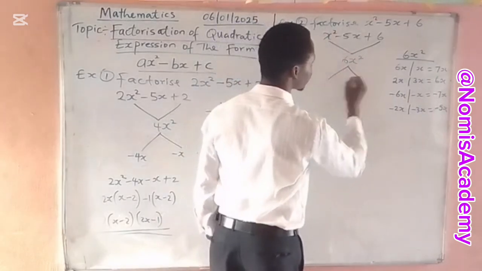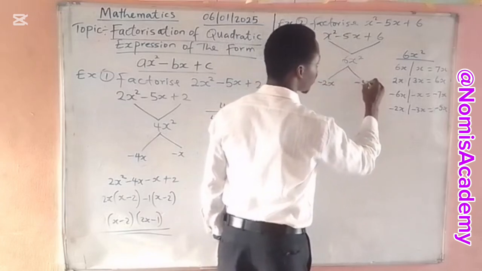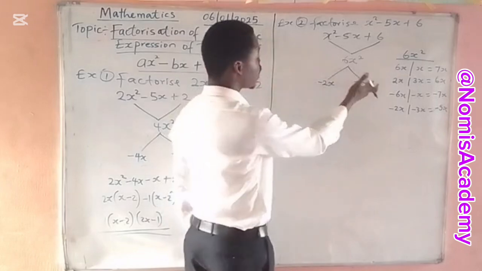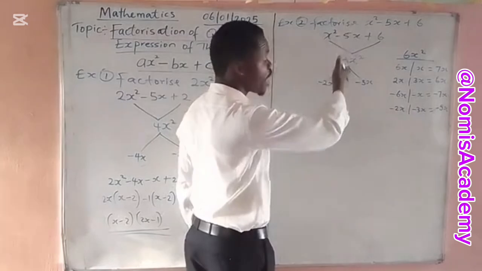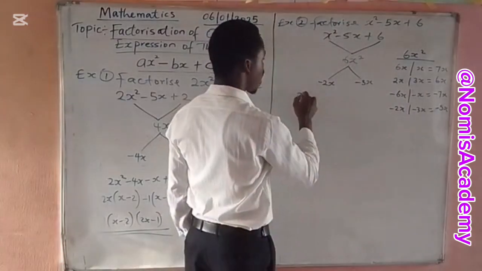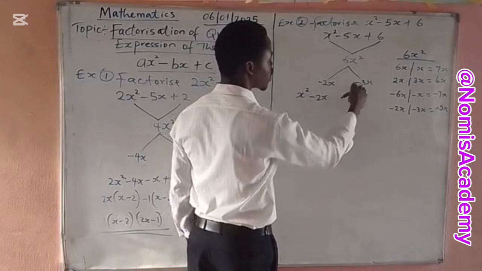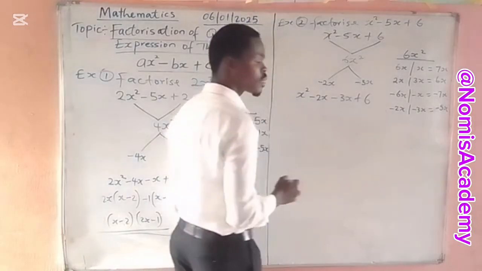So we write minus 2x and minus 3x. Now I'm going to place these two factors in the middle term, and that will be x squared minus 2x minus 3x plus 6.